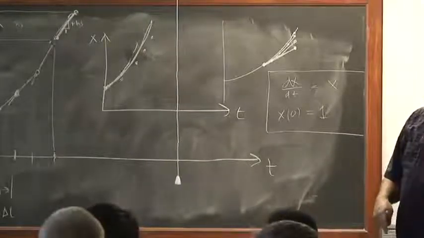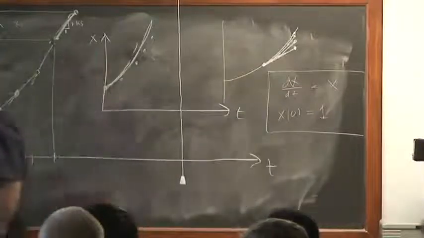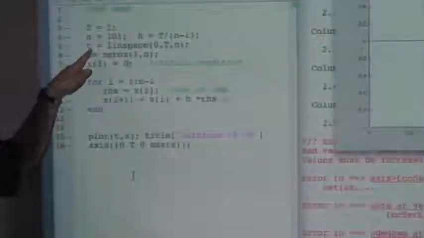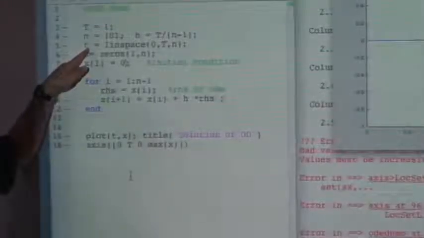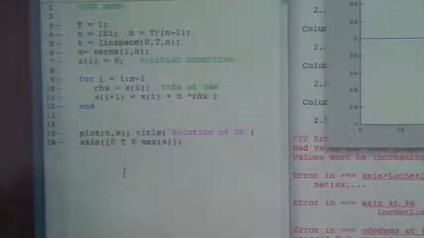Yes? Why do you start i at 1 as opposed to starting i at 0? We could have started i at 0 if MATLAB worked like that, but when you create an array of things, MATLAB thinks of the first thing in the array as being 1. So it's a list of numbers, and the first number in the list, t sub 1, which means t parentheses 1, has a value of 0. Conceptually, you think of it as a 0th one, but MATLAB doesn't make lists like that.